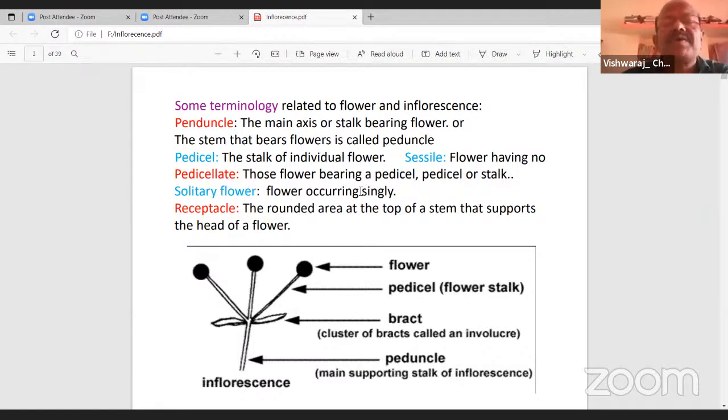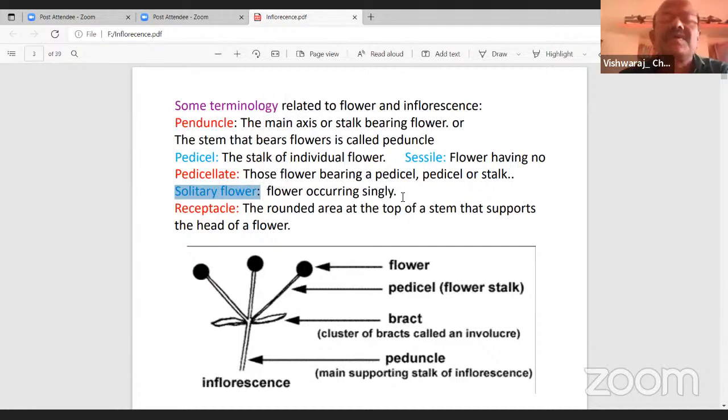Pedicellate: those flowers bearing a pedicel or stalk. Without pedicel, that is called sessile. When a pedicel is present, that flower is called pedicellate.